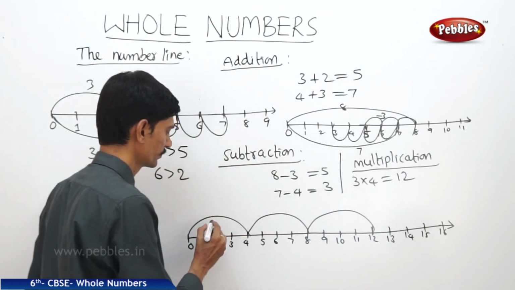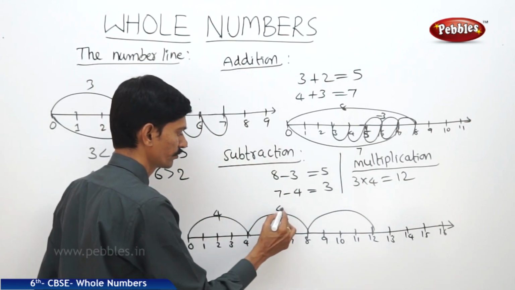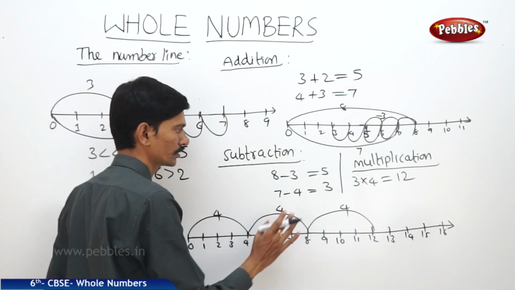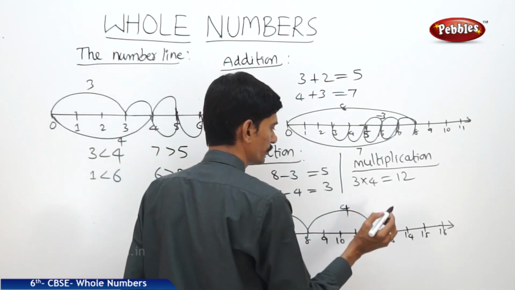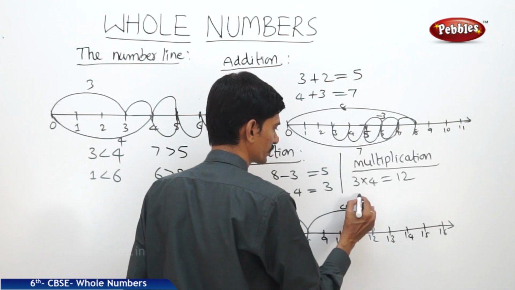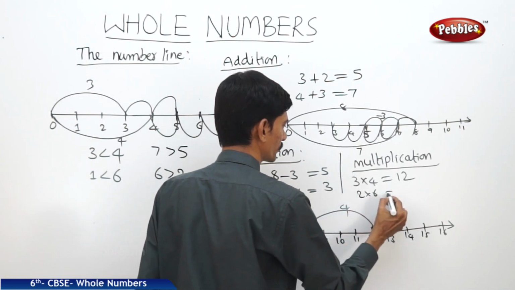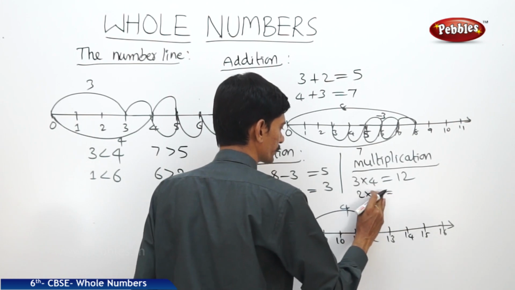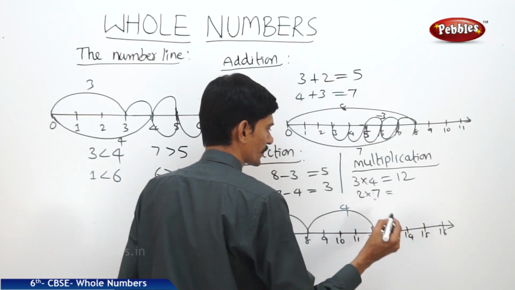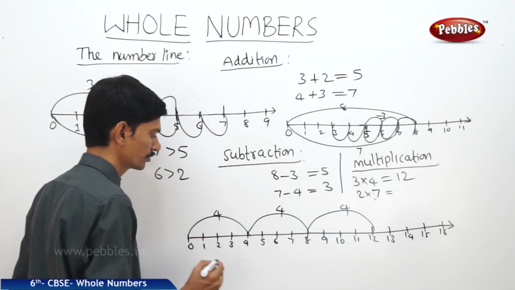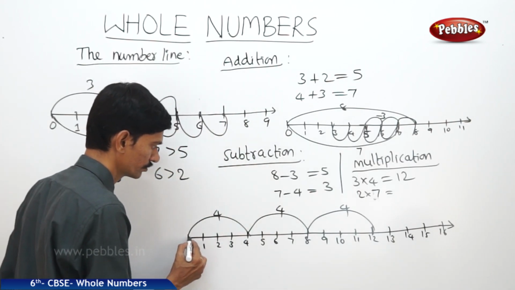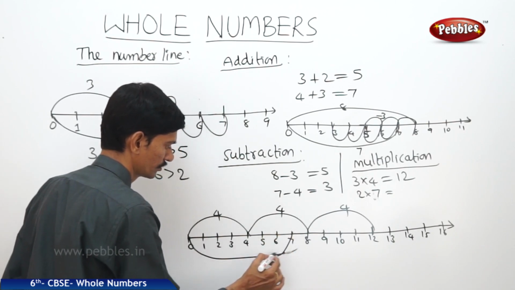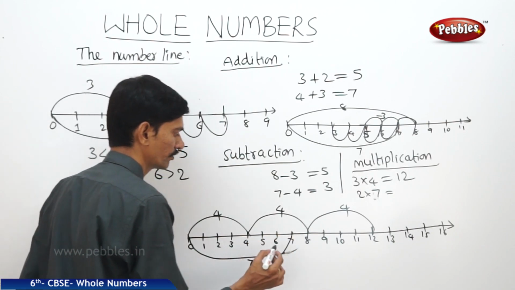So this is 4, 4, 4. So this is 3 4s are 12. And if you want to find the product of 2 and 7, 2 into 7 equals, then 2 7s are, so your 7s, 0 to 7 and more 7.